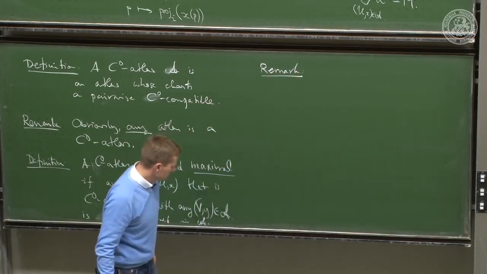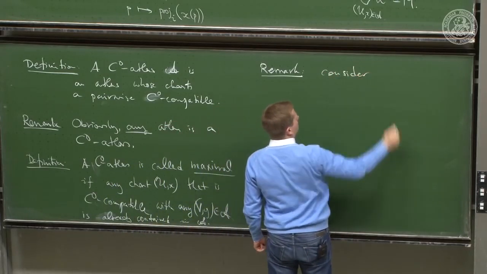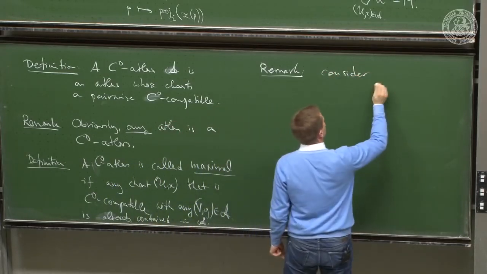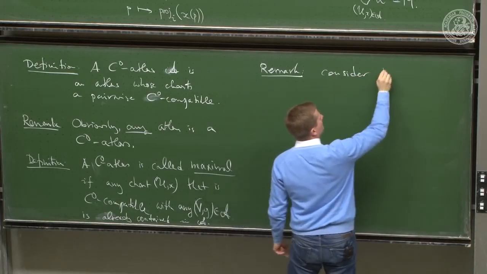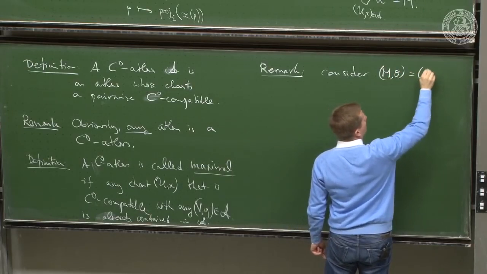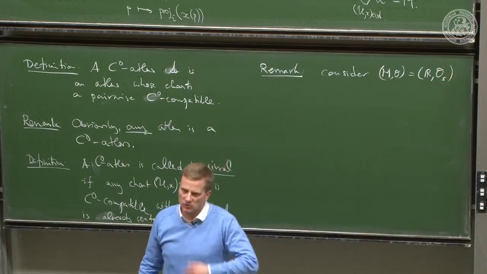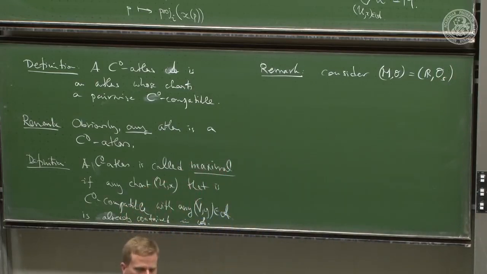Remark. Consider the following. Consider the manifold M0 being the real line equipped with the standard topology. It's a topological space, but it's clearly locally homeomorphic to R^1, so it's a one-dimensional manifold.